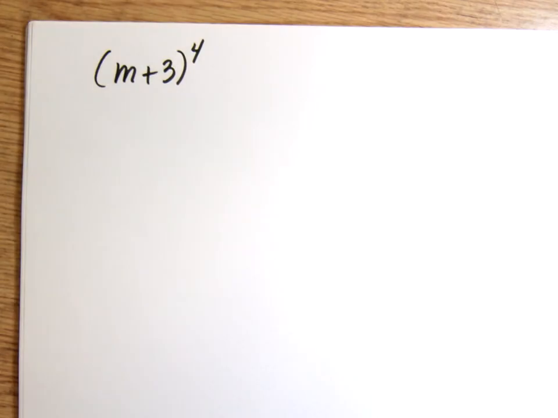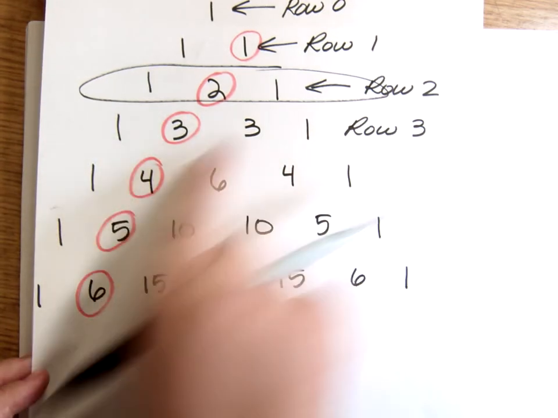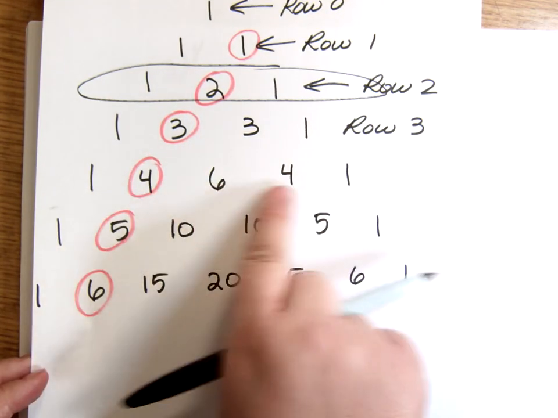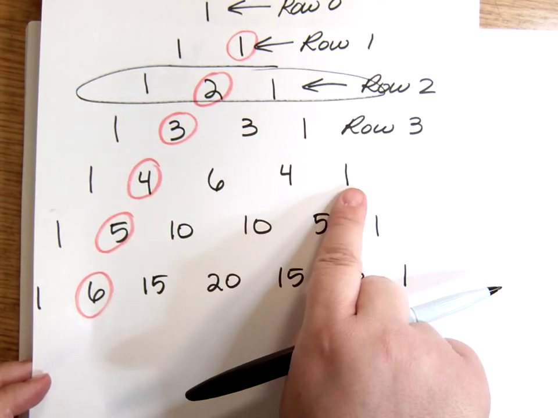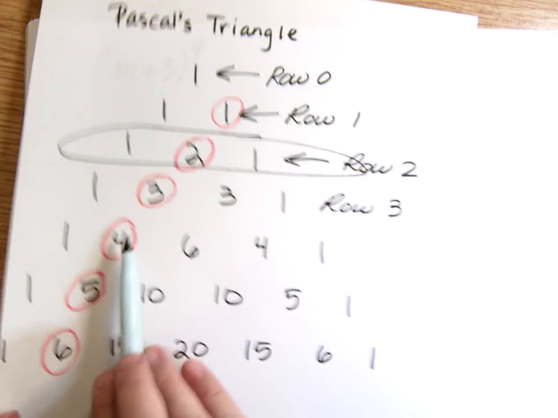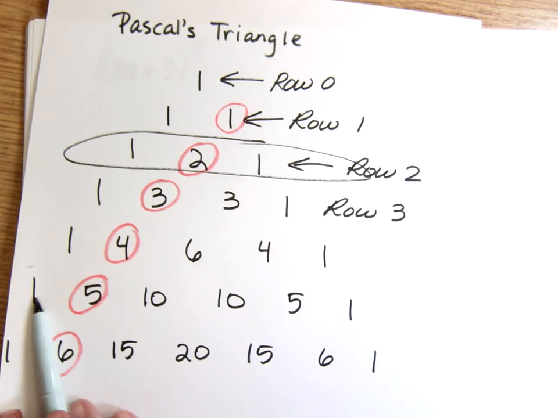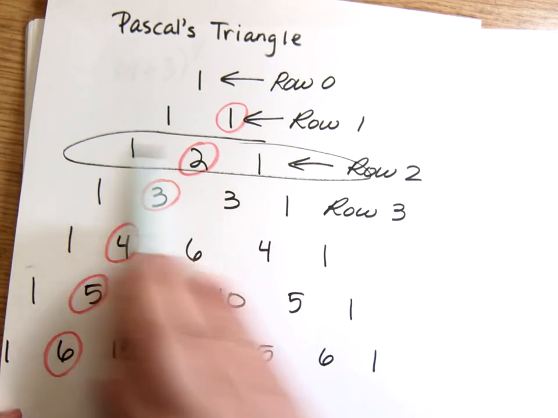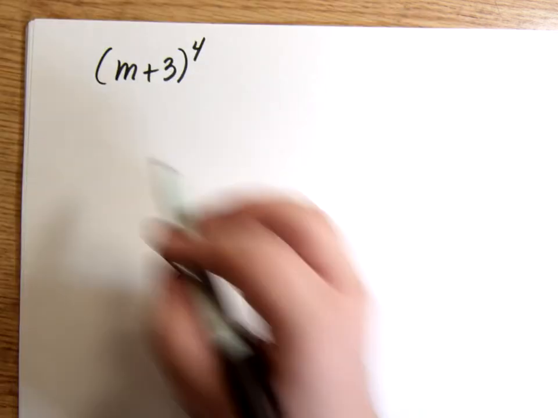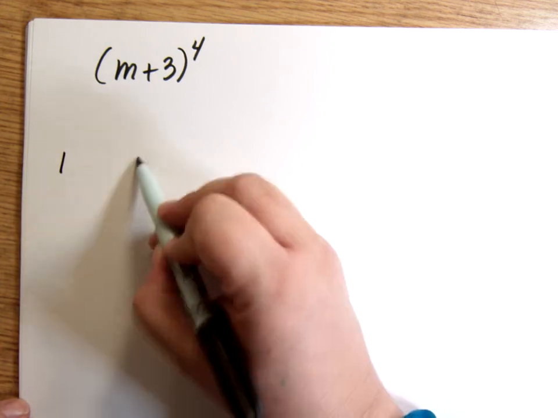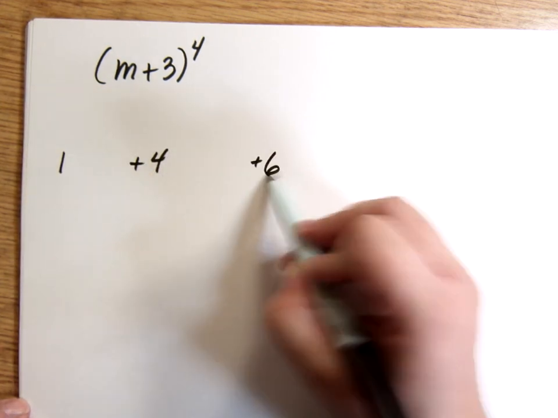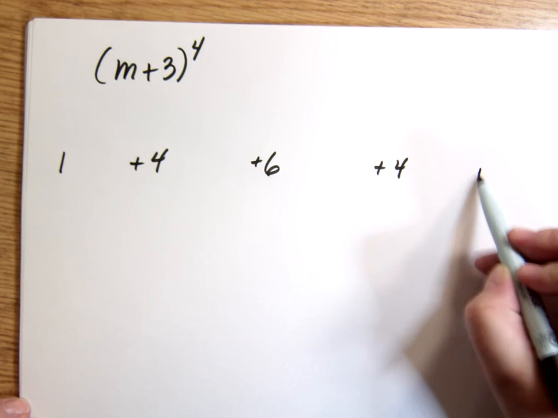This is to the 4th power, so 1, 4, 6, 4, 1. Remember, the power goes with the row. If it's a 4th power, you're using this row. 5th power, this row. 2nd power, this row, and so on. So we have 1, 4, 6, 4, 1.